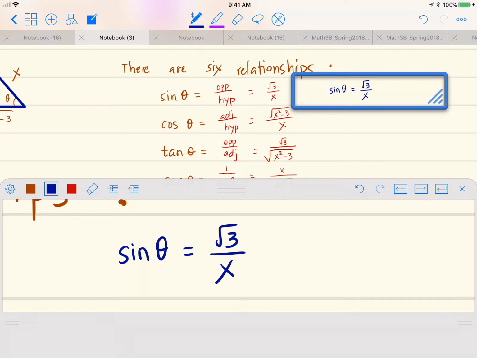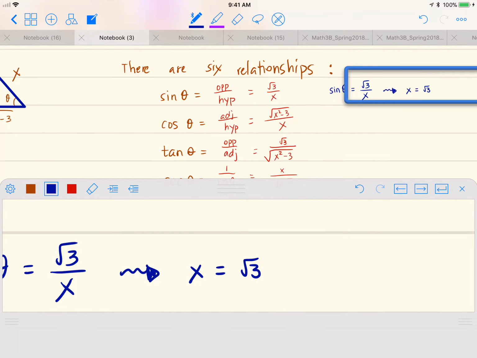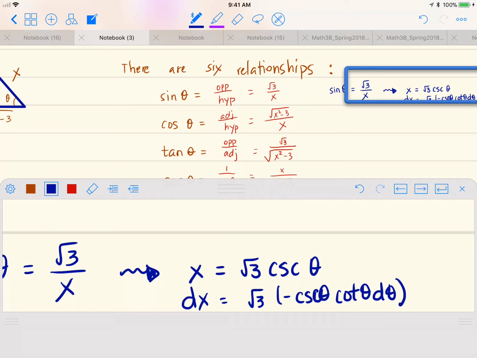Now it's easy for me to solve it and say that x is equal to root 3 cosecant theta. So now dx is going to be root 3 times negative cosecant theta cotangent theta d theta.